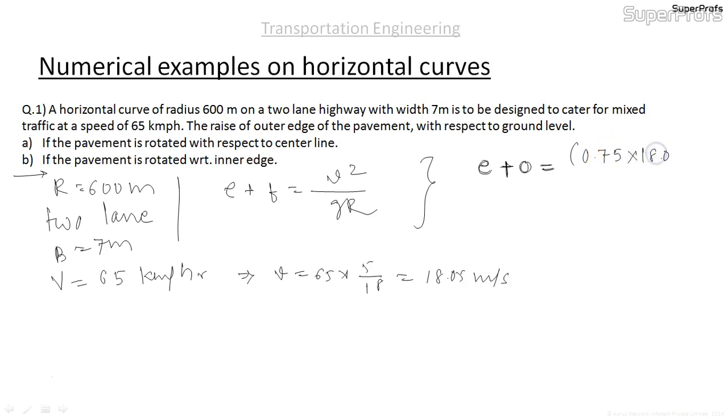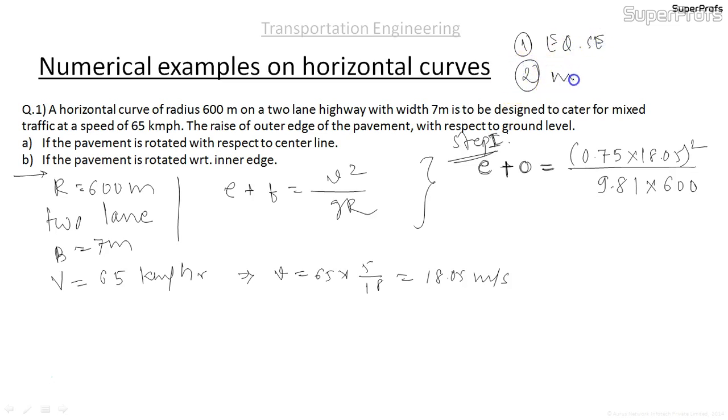So E equals 0.75 into 18.05 square upon G, which is 9.81, into radius, which is 600 meters. This is step 1 always. In step 1 what we consider is the equilibrium super elevation, and the second point considered is the mixed traffic.